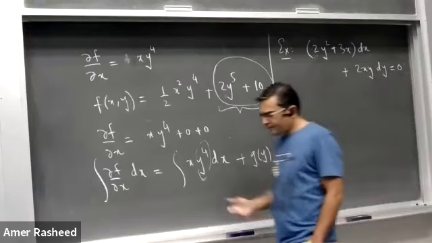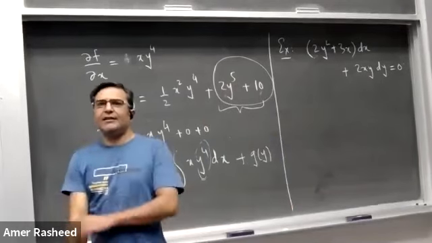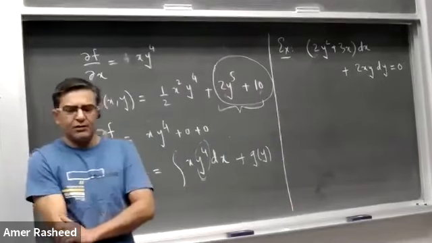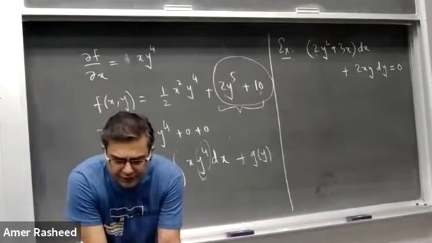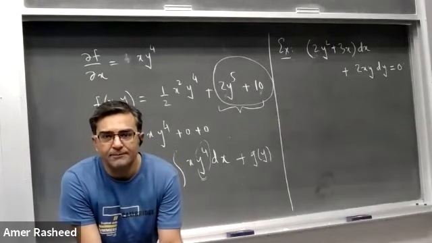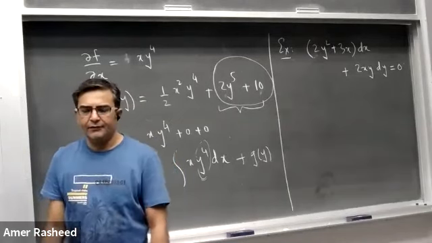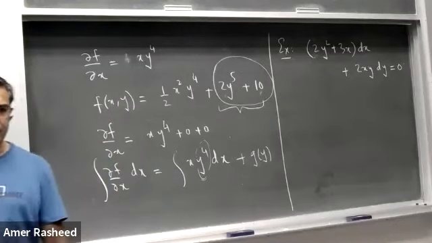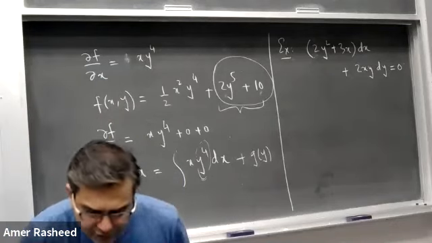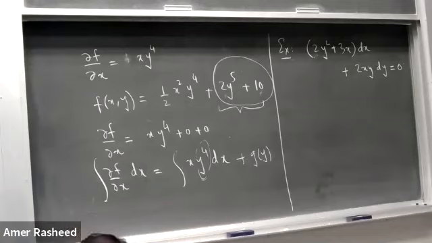Try this equation. Check whether it is an exact differential equation or not. If it is not exact, then try to convert it into an exact differential equation and then solve it. I give you a few minutes to solve it. Try it yourself. If you face any difficulty, you can ask me any question.